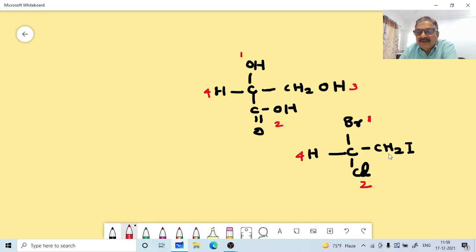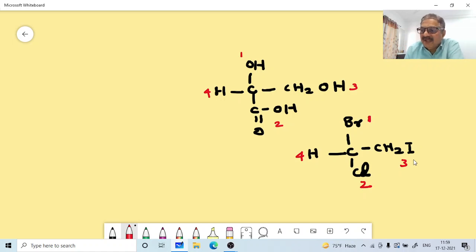Then, CH2I will be number 3, because iodine is not directly bonded to the central stereogenic center. Iodine is bonded to the carbon only. So bromine has the highest atomic number. Therefore, bromine gets priority number 1 here. Correct? Like this, you'll have to see.